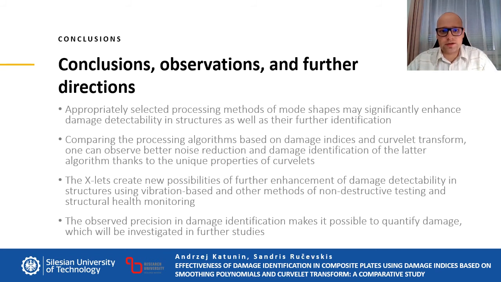So as you can see during this presentation, when we compared the results of the damage indices approach and the curvelet transform approach, we can see that curvelets give us much better results in terms of visibility of damage and in terms of reduction of noise.